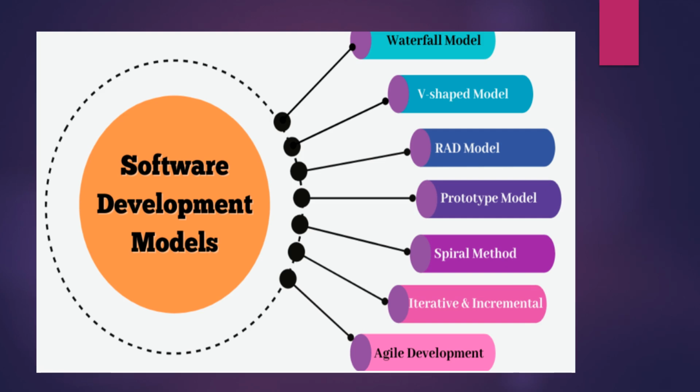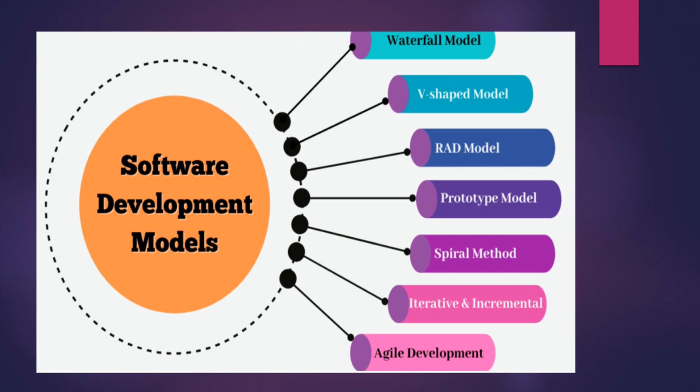Then the spiral, and right now the famous model is agile. Agile technology has become very famous in the market. The agile model is mainly designed to adapt to changing requests very quickly, and it also facilitates quick project completion.